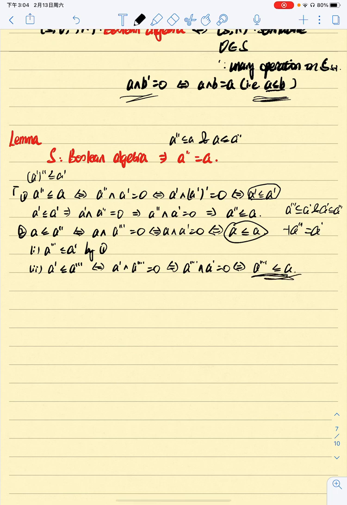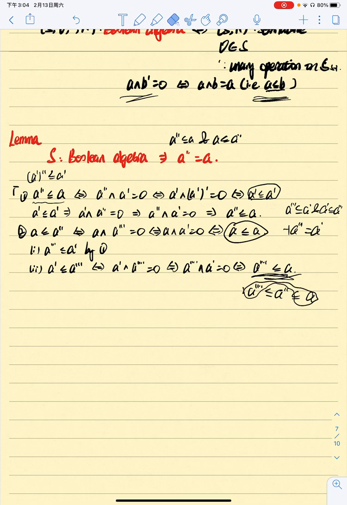Is this true? Actually, this is true because A double prime is smaller than A, right? So A quadruple prime is smaller than A double prime, and A double prime is smaller than A. So by transitivity, we can get this one.